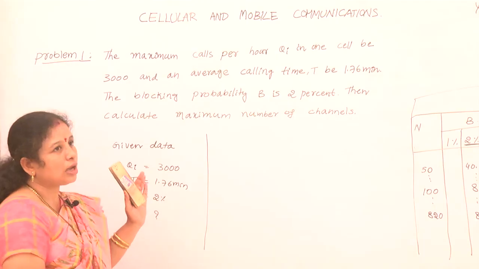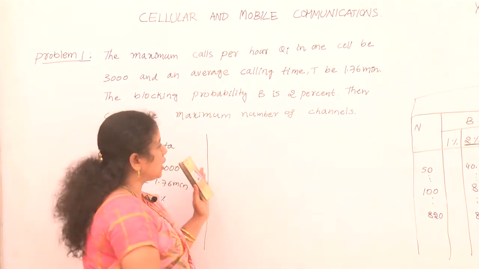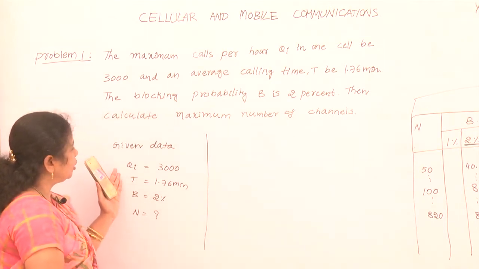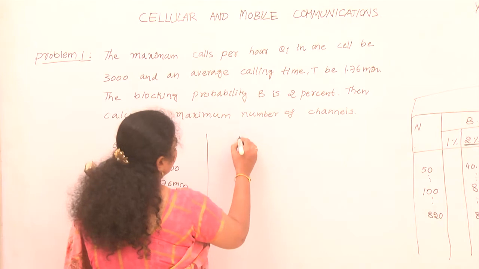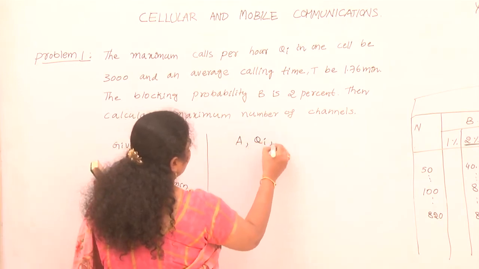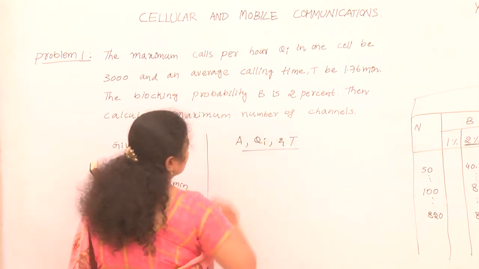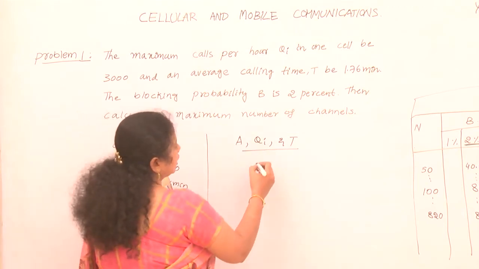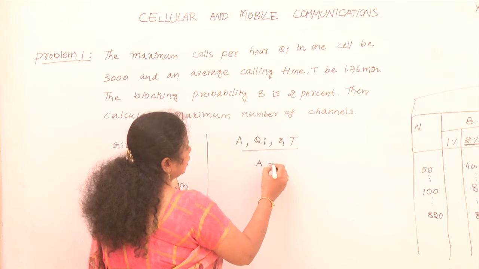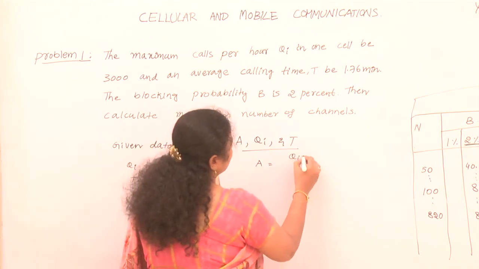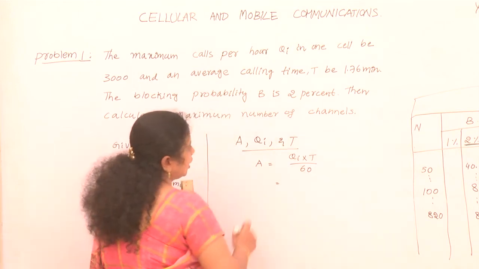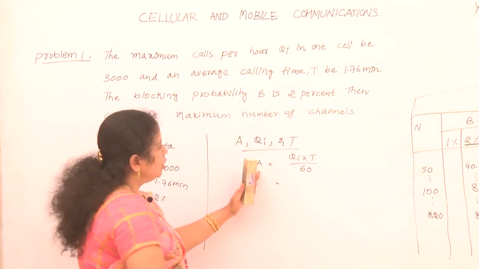As we discussed in the previous class, there exists a relation between the parameters A, Qi and T. These are the three important parameters. The relation between them is A is equivalent to Qi into T by 60, where A is the offered load.